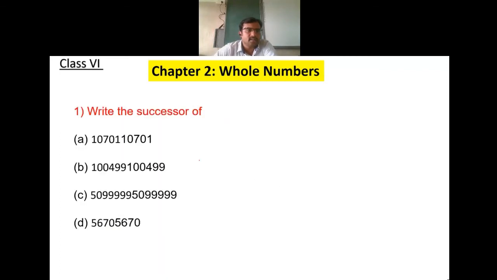Here is a question. Please look at the slide here. You need to write the successor of these numbers. You must know that the successor is obtained by adding 1. So add 1 to this. The successor becomes 10701, 10702.